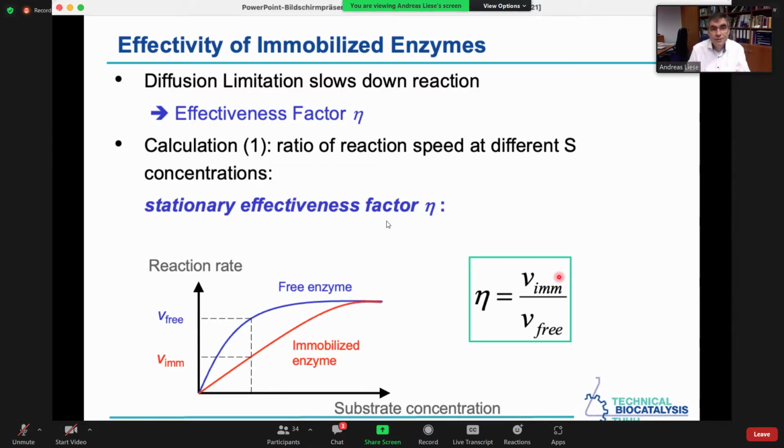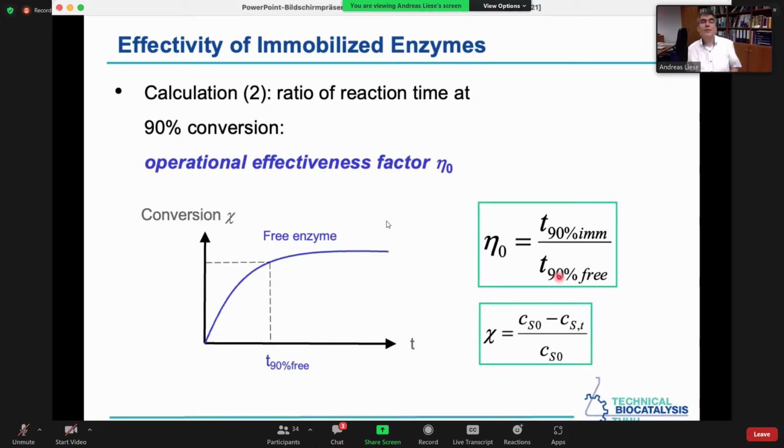What you use in industry is a modified one, the so-named operational effectiveness factor. What does this mean? Well, you're running just a standard batch reaction, with immobilized enzyme and with non-immobilized enzyme. So here you see the conversion plot for the free enzyme, conversion over time. Then you determine the time that you need to reach 90% conversion, that's the T90 value.